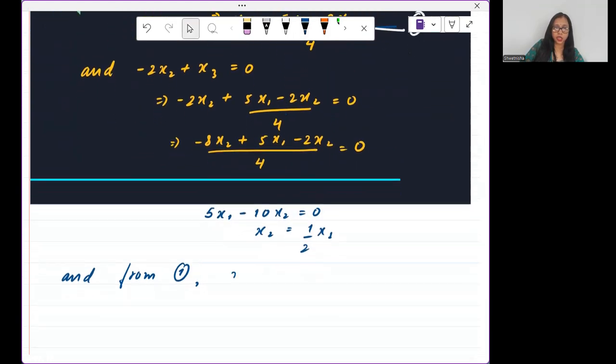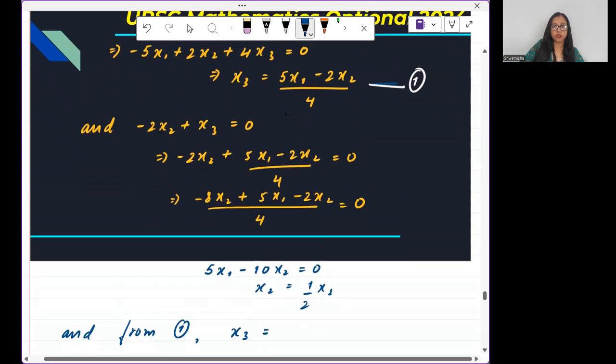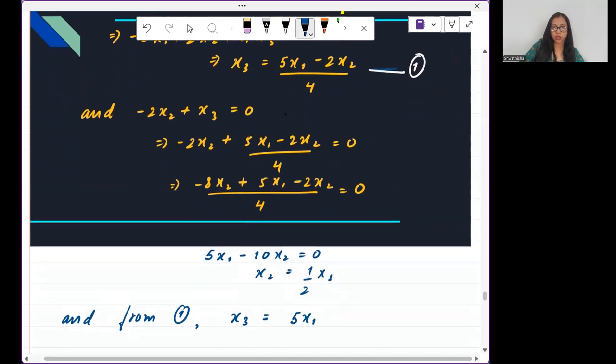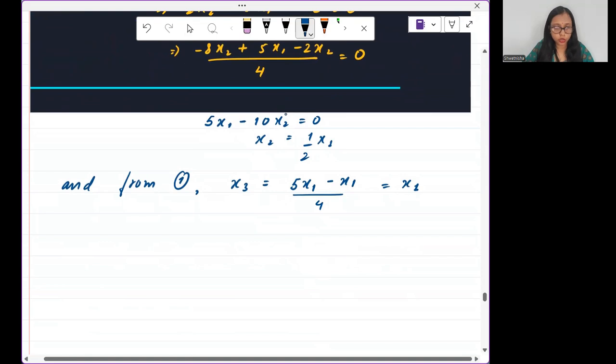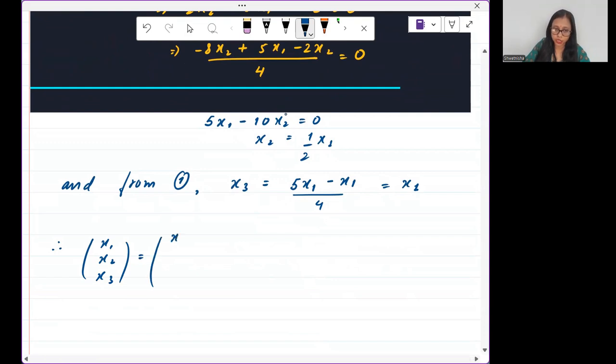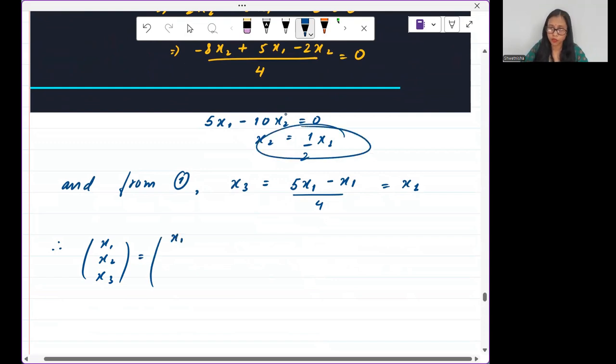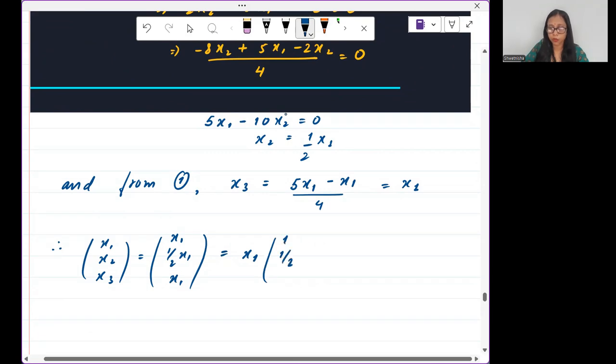What is x3? x3 is (5x1 minus x1) divided by 4. So it is x1. Therefore, what is x1, x2, x3? x1 will be x1, x2 will be half of x1, and x3 will be x1, which is equal to x1 times (1, 1/2, 1).